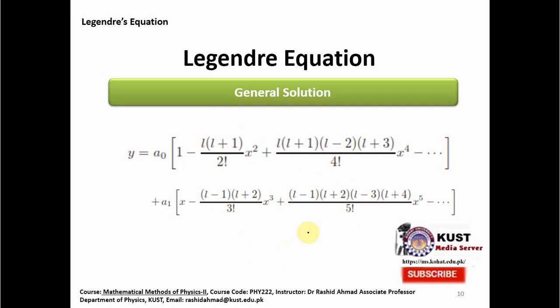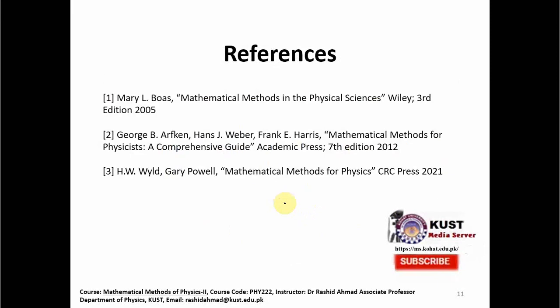One of them will terminate after a few terms, and in this way we will be able to solve our equation or to model our physical phenomena with the help of the Legendre equation. And these are some references you might want to see.